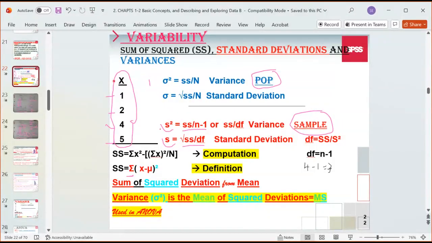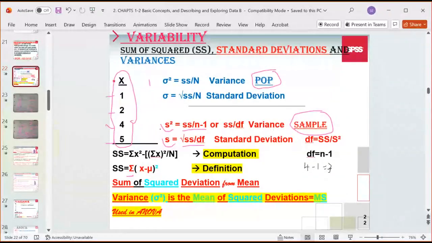Then the square root of the variance will be the standard deviation. So the square root of 16 is 4. That is the standard deviation. Or the square root of 9 is 3. So that's how it is.